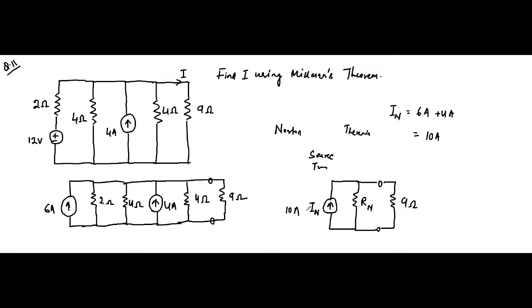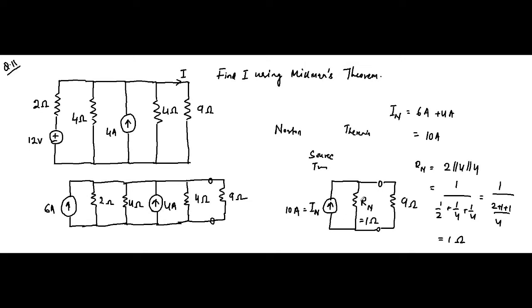Rn is simply 2 parallel with 4 parallel with 4, up to these 2 terminals. They are all connected in parallel, so 1 by 2 plus 1 by 4 plus 1 by 4, which is equal to 1 by 2 plus 1 plus 1, which is equal to 1 ohm. So Rn is equal to 1 ohm.